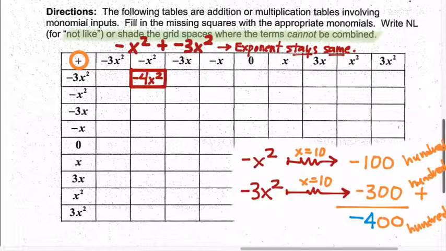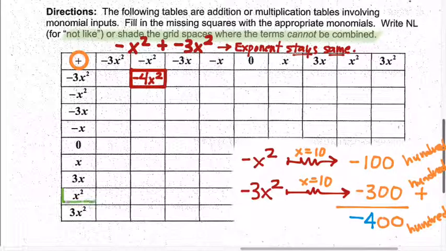If I try to add together two things which are not like terms, let's say, for instance, maybe I try adding 3x plus, where's an example? Now let's do x squared added to negative 3x.